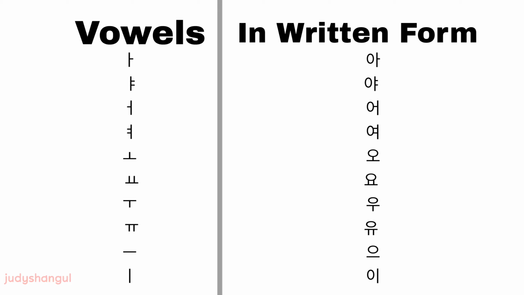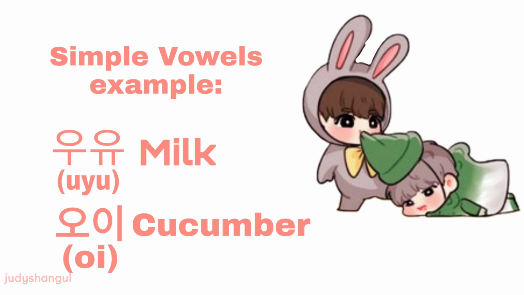They are pronounced the same, like a is pronounced as a, ya, o, yo, o, yo, u, you. 이, 우유, milk, 오이, cucumber.